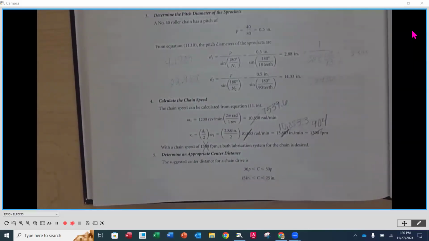So this is using the information that we want this to be between 30 pitches and 50 pitches. Our pitch, remember, is a 1/2 inch. So we're going to take 30 times a 1/2 inch. That's going to be our low center distance. And then we're going to take 50 times our pitch, and that's going to be our high value. So down here, you're going to notice that they have those in there.